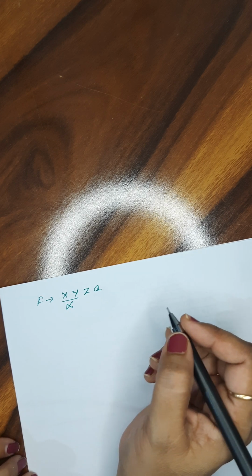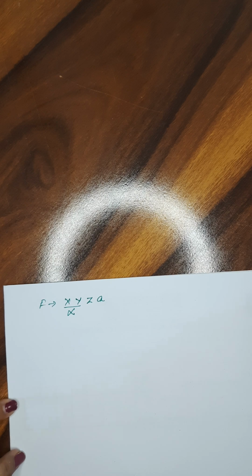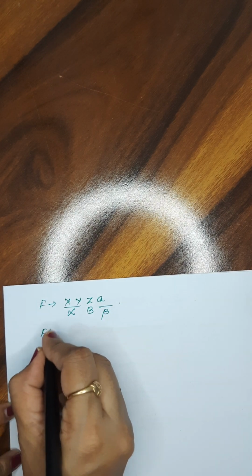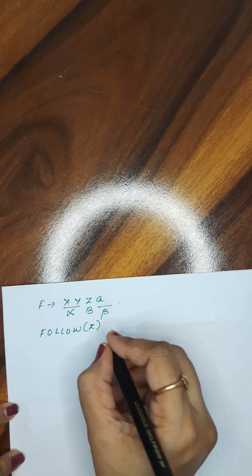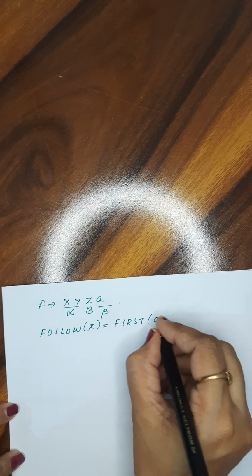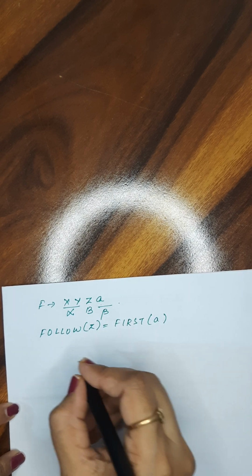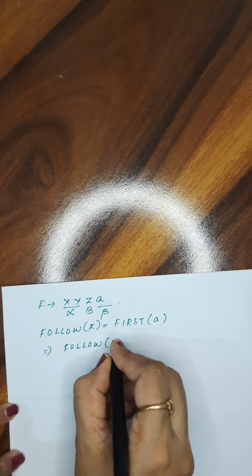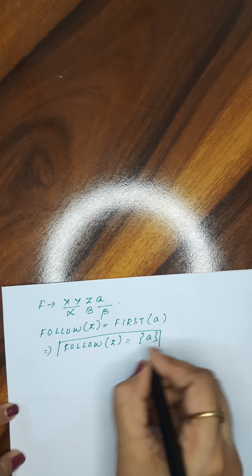This option is yours, you can choose, because all the non-terminals you have to calculate one by one. Alpha, B and beta. Same formula, follow of B, meaning Z, is equal to first of beta. Beta means A, besides epsilon, but it is a terminal symbol, it does not have epsilon. So, follow of Z is equal to A.